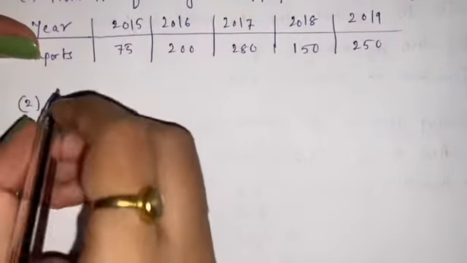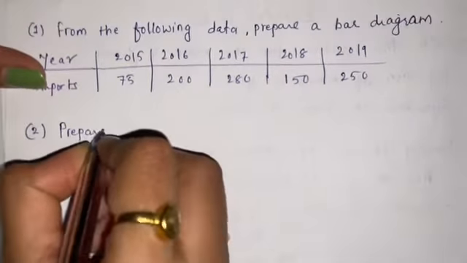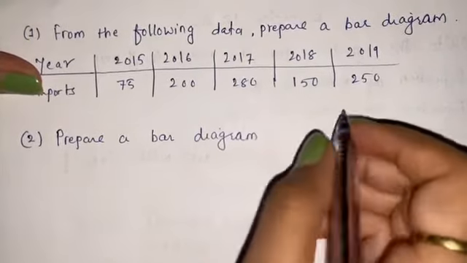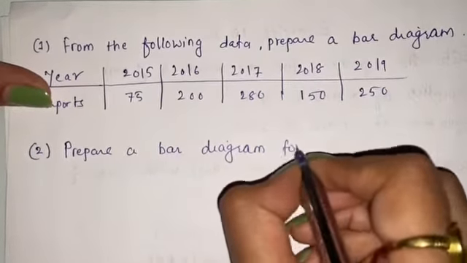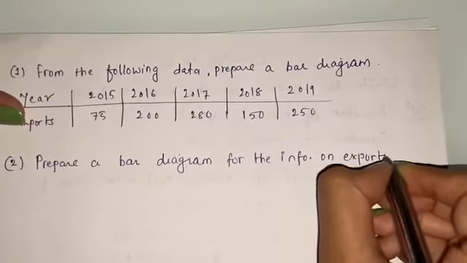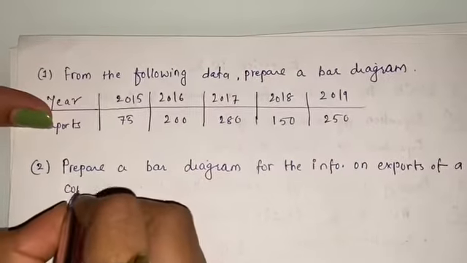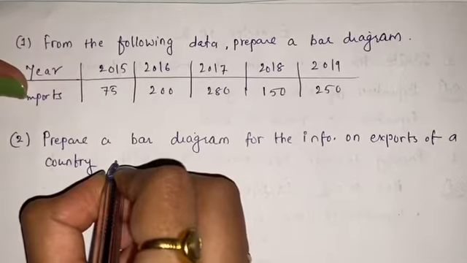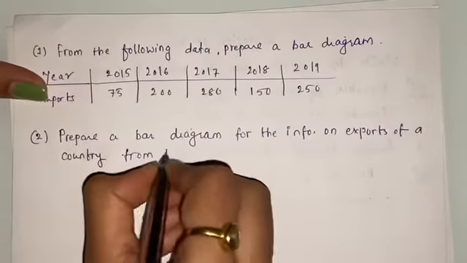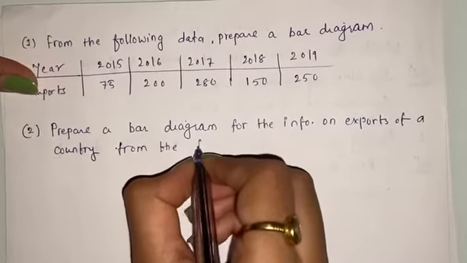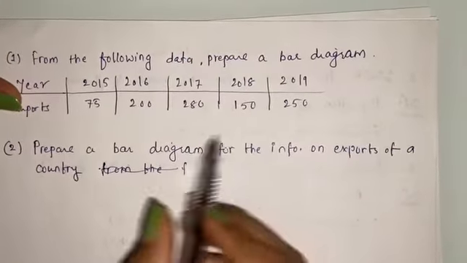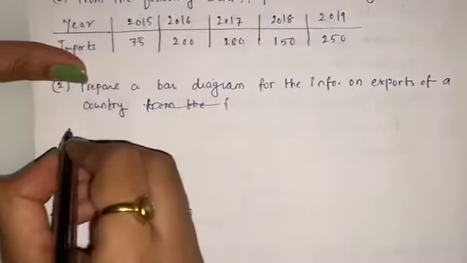Now the next question is, again you have to prepare a bar diagram for the information on exports of a country from the following data.